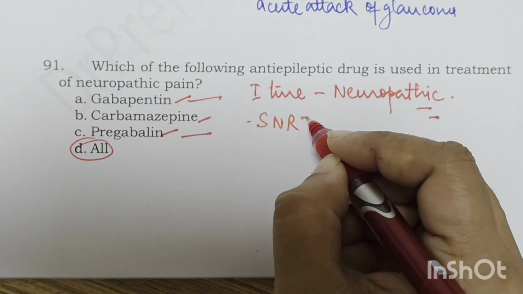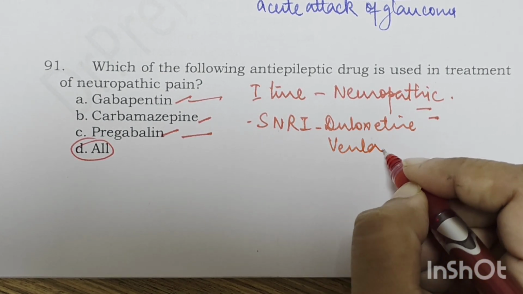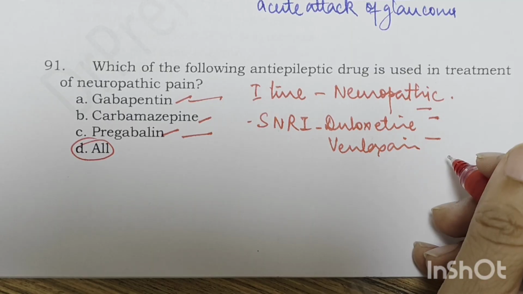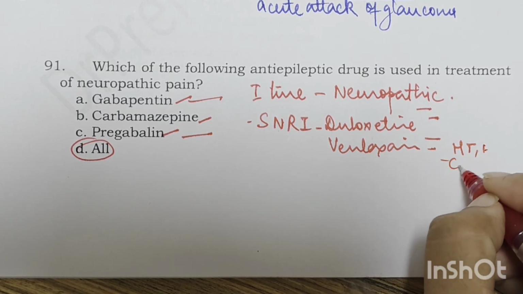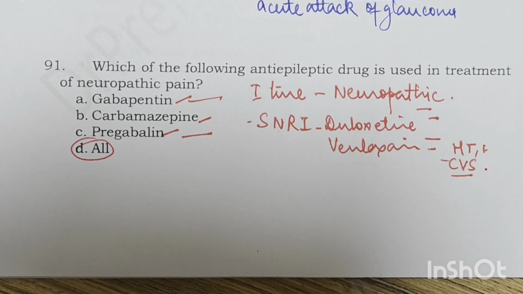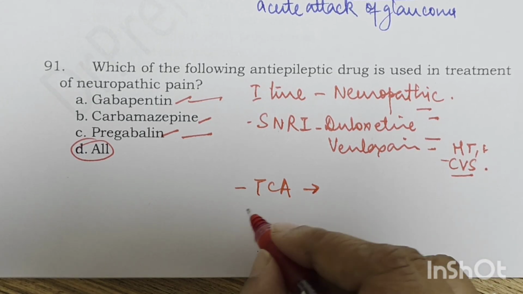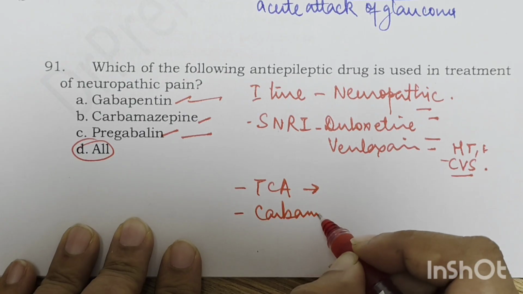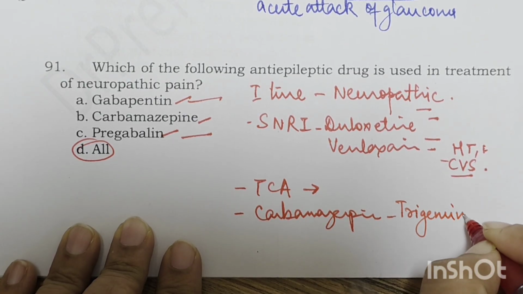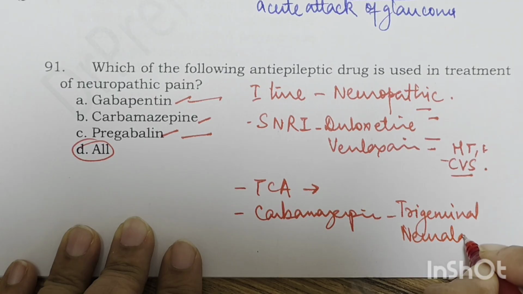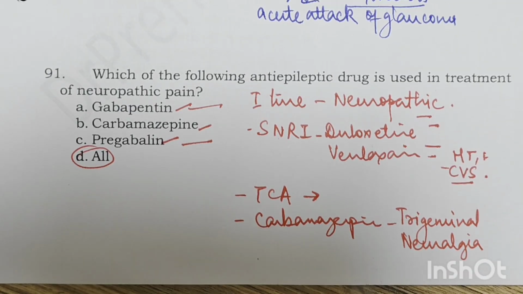SNRIs like duloxetine and venlafaxine are also used; venlafaxine causes hypertension and ECG changes, so we cannot use it conveniently in patients with cardiovascular risk. Tricyclic antidepressants can also be used. Carbamazepine has an indication in trigeminal neuralgia, so it is very commonly used there also. So these are the various drugs which can be used in neuropathic pain.